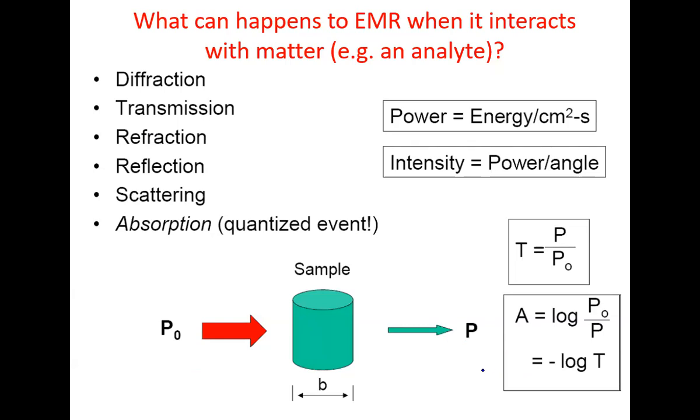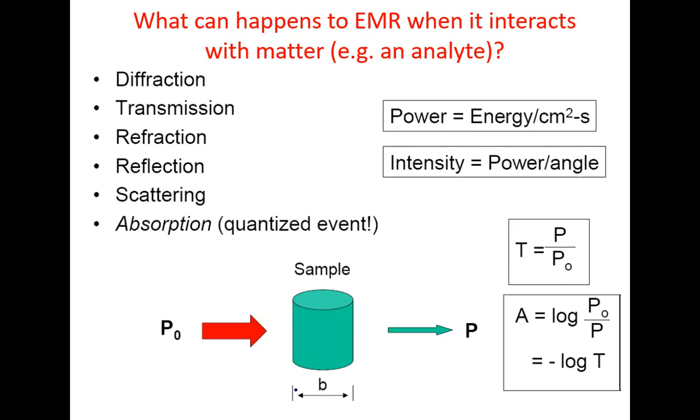So the electromagnetic radiation interacts with the sample, and the analyte is in a container. You can see here in the green figure that it is representing a container with a sample.